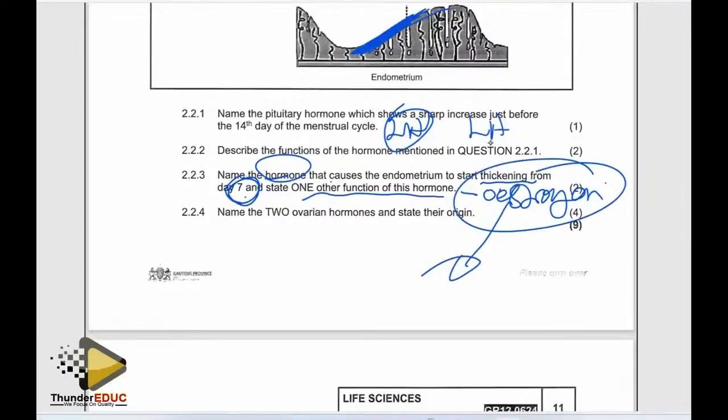Secondary sexual characteristics. If you talk about boobs, we don't call them boobs, we call them mammary glands. You can talk about your voice, the way you are talking. Check the face.